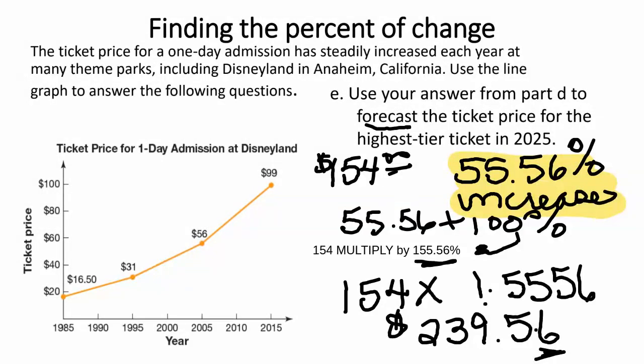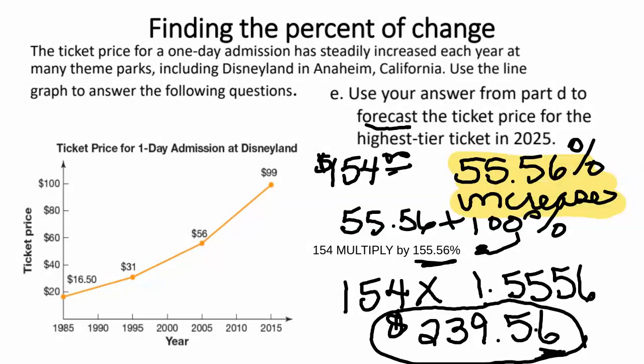Okay, 239.56. So in 2025, it's going to cost me $239.56 just to go to Disneyland at the higher tier. That's a lot of money. But that's what I'm getting.